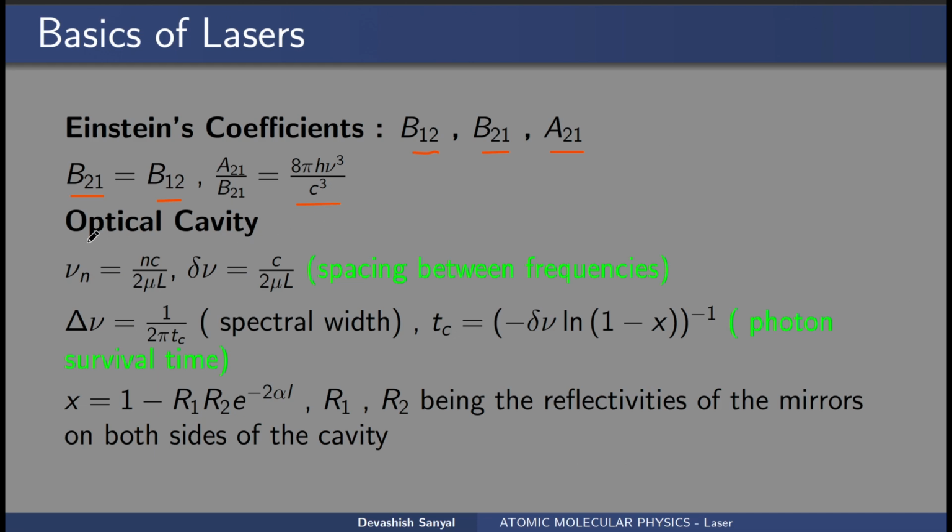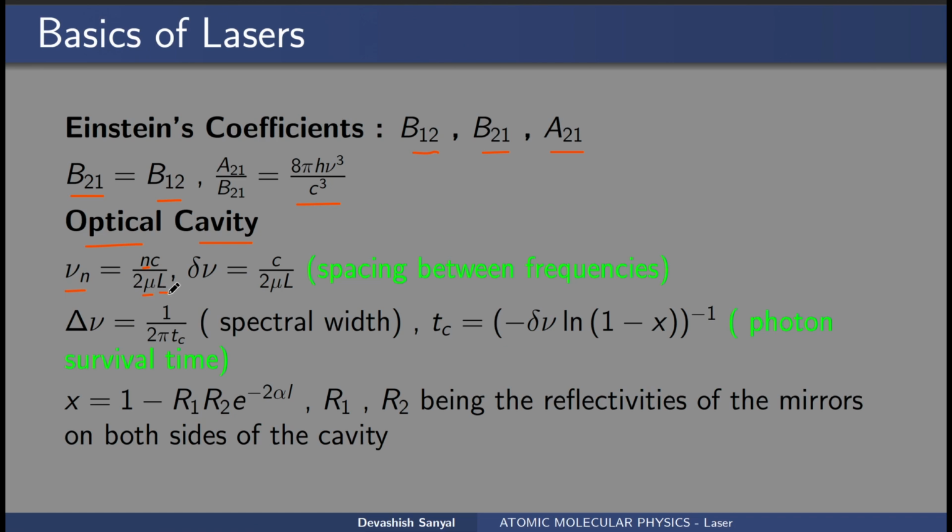Then we come to the optical cavity. To make a laser we need an optical cavity, and the frequencies that are supported in that optical cavity of length L are given by nu n is equal to n c over 2 mu L, where n is an integer, c is the velocity of light, mu is the refractive index of that optical cavity, and L is the length of the optical cavity.